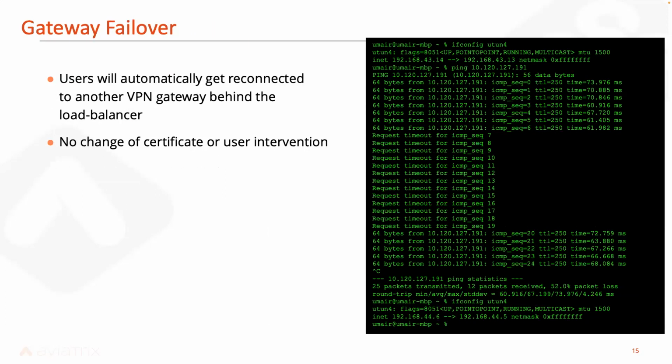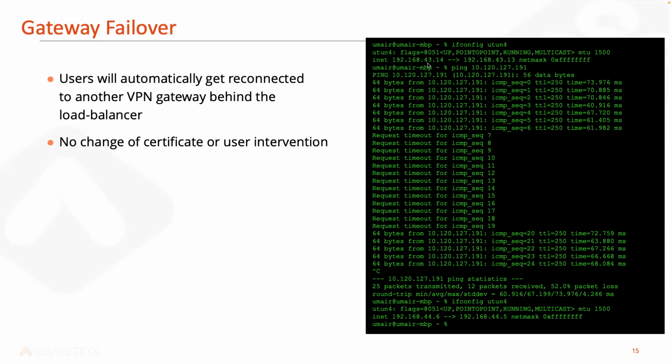This is another interesting test regarding gateway failover, because if you remember, in most implementations there's the load balancer and it has two gateways behind it. So what we're doing here is showing the tunnel 4 interface IP address.